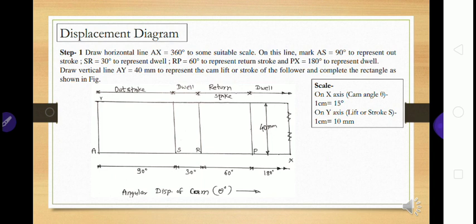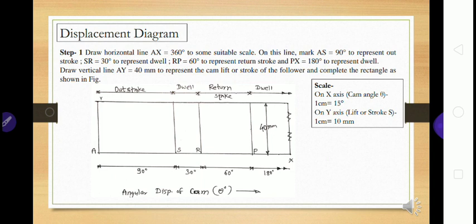Stroke length is 40 mm, therefore on the y-axis we will take the scale as 1 cm equal to 10 mm, therefore on the y-axis distance AY will become equal to 4 cm. On the x-axis, I will not represent the total distance AX because we are just concerned with the outstroke, the first dwell and the return stroke.